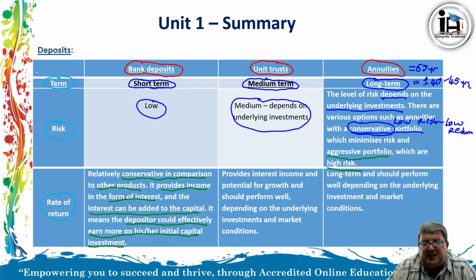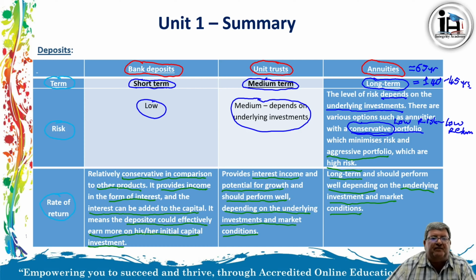When you look at unit trust in the middle, regarding the rate of return, it provides interest income and potential growth and should perform well, but depending on the underlying investment and market conditions. And when you look at annuities regarding their rate of return, it's long term and should perform well, but once again, depending on the underlying investment and market conditions.